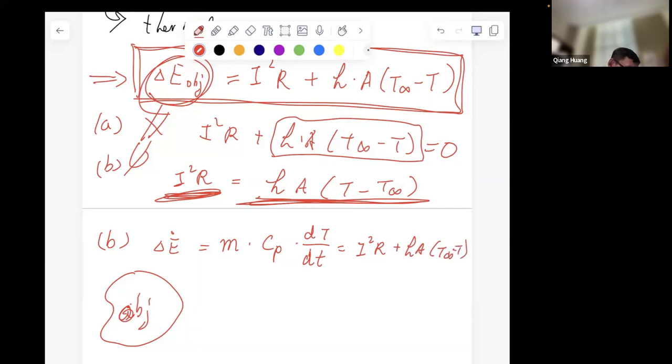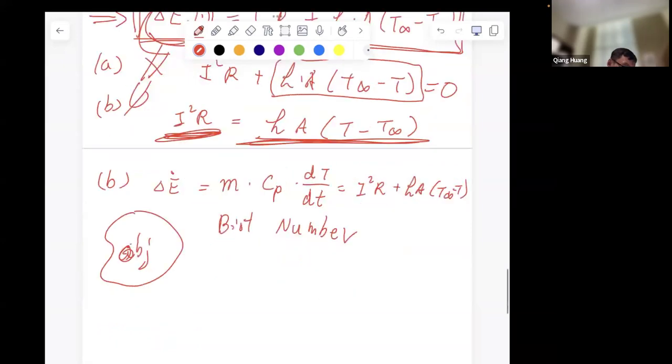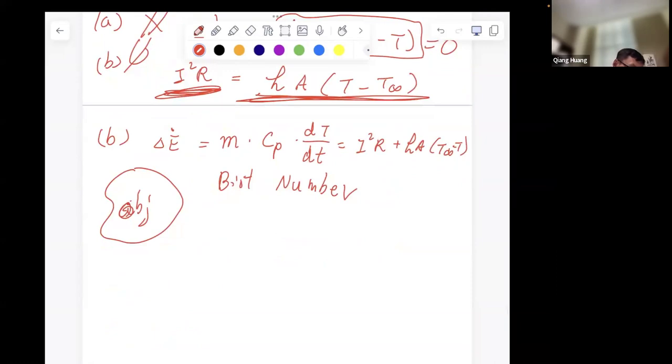And of course, in this case, you have to use a Biot number to verify if you can use the lumped thermal capacitance approach.